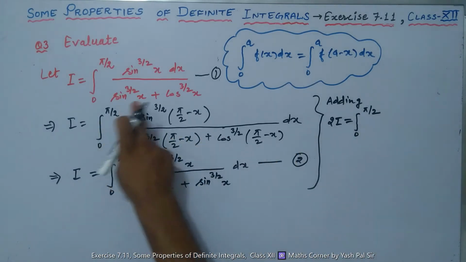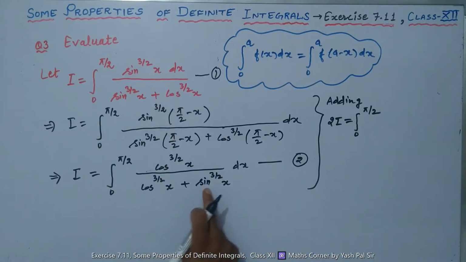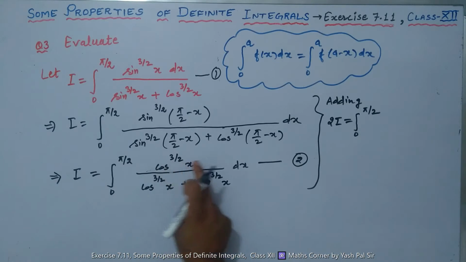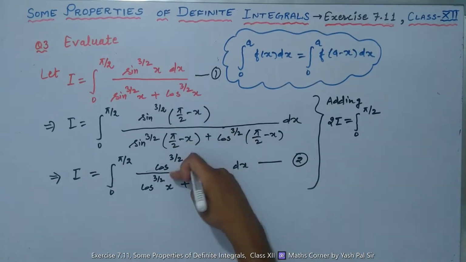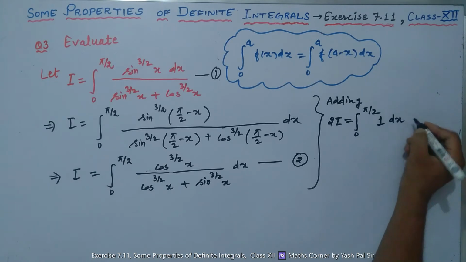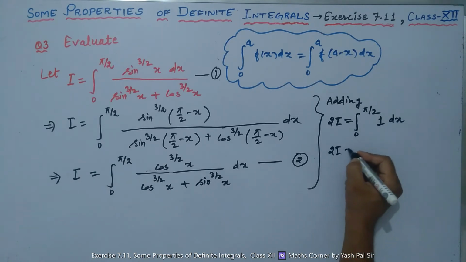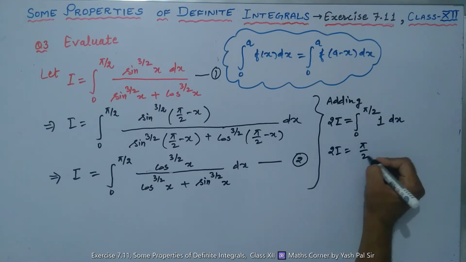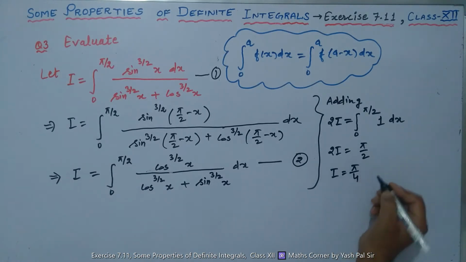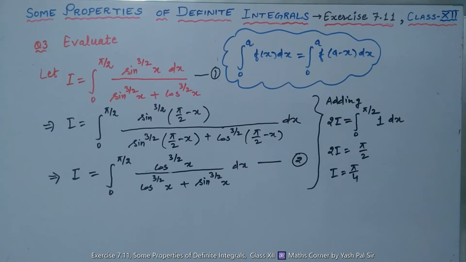So again denominator is same, adding numerators sin raised to power 3 by 2 plus cos raised to power 3 by 2. Again this will become same, we are left with 1. So 2I is equal to again pi by 2, that means I is equal to pi by 4 is the final answer to this question.